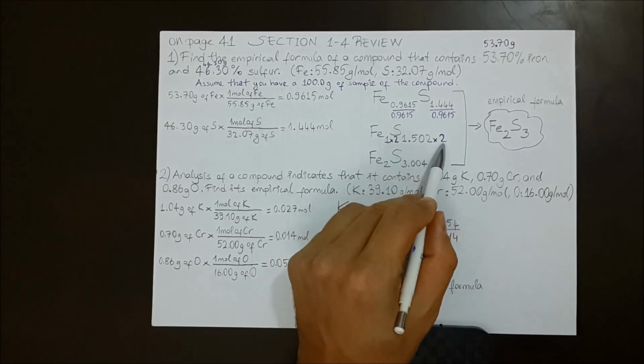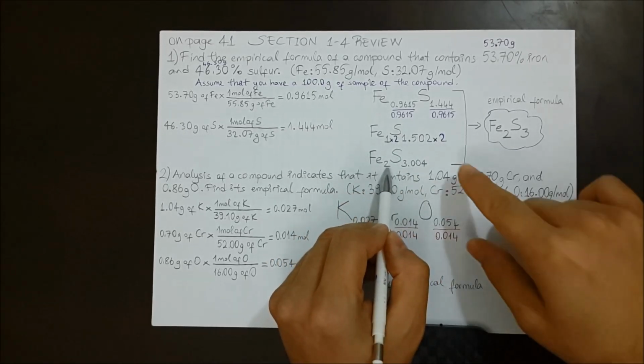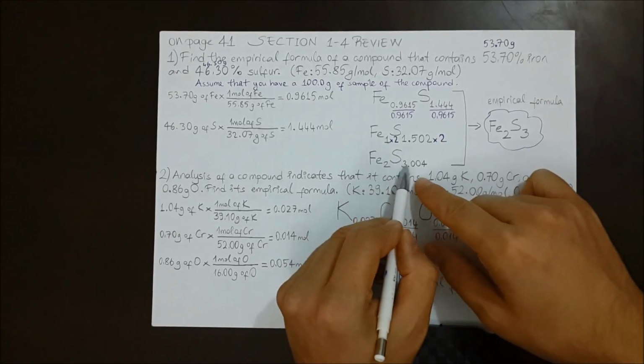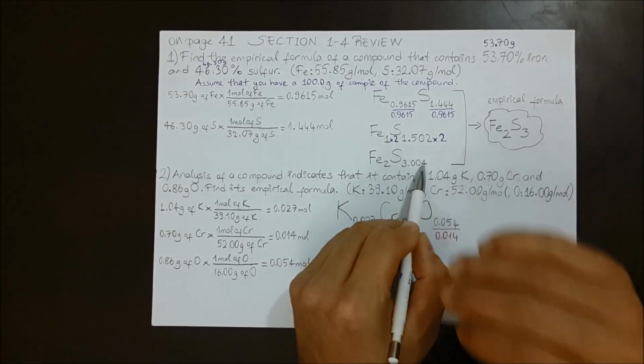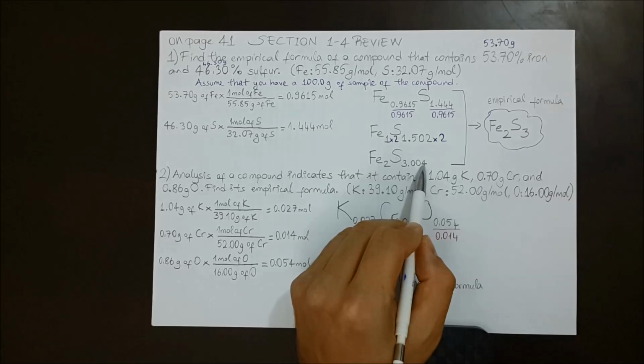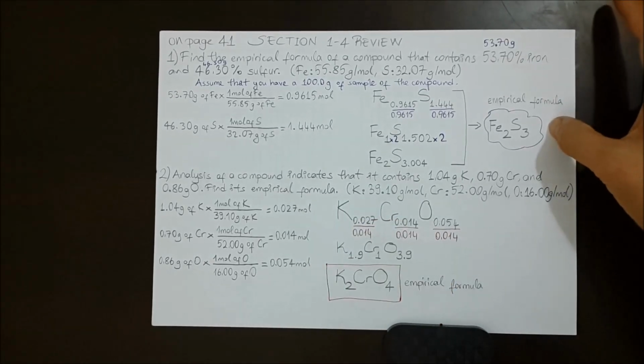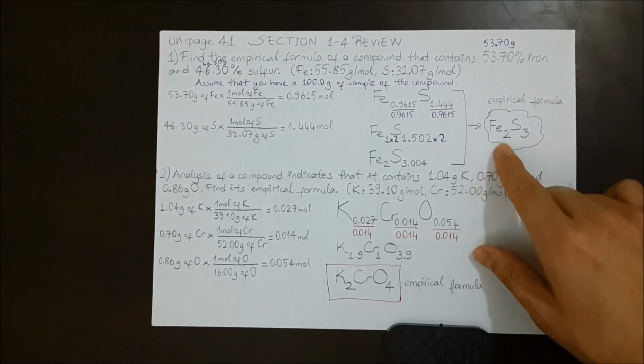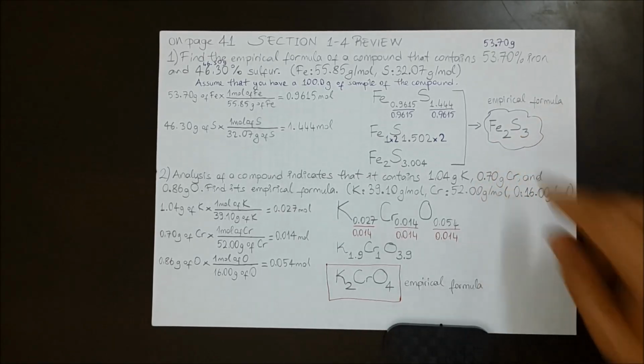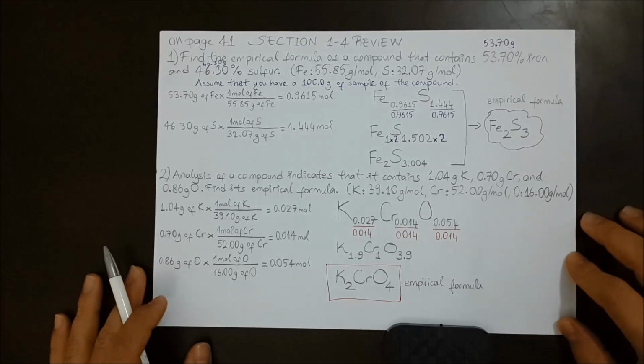Then I will get the empirical formula as you see here. Fe2 is 3.004. Never can a subscript be a decimal number. For this reason, after rounding, I get my empirical formula, which is Fe2S3.